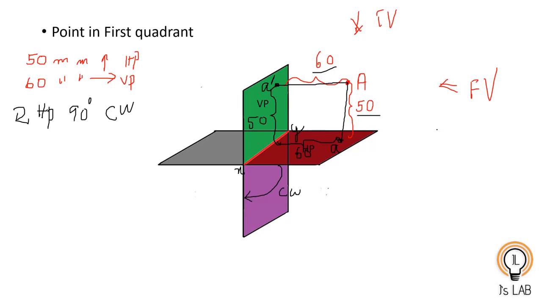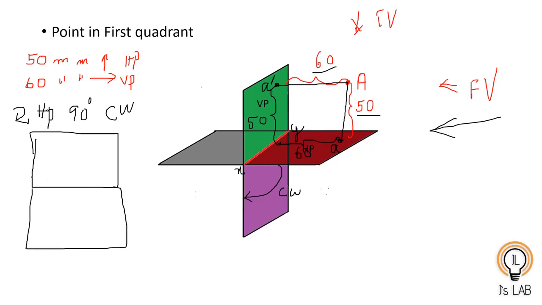When you look from here, this is VP, the green area, and below that we have the brown area HP, and this is the XY line. That is what it looks like after rotation: 50 mm above the XY line you have a dash, and 60 mm below the XY line you have a. So this should be your answer.